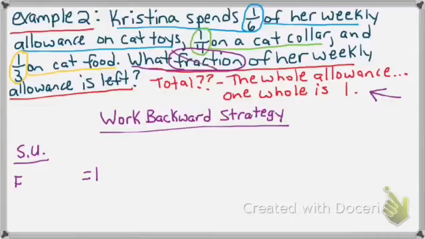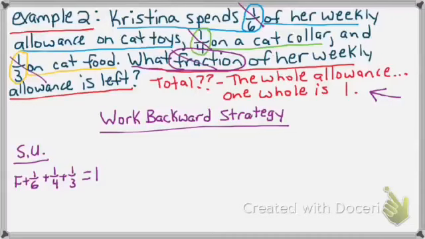What else do I know? I know that Christina spends 1/6 of the allowance. She has a total. She spends a certain fraction and another certain fraction and another certain fraction. I'm going to add all of those things together, all the things that she spends. So we have the fraction that we're missing, which is the F, plus the 1/6 that she spends on her cat toys, cross that out, plus the 1/4 that she spends on her cat collar, cross that out, plus the 1/3 that she spends on the cat food, and cross that out.